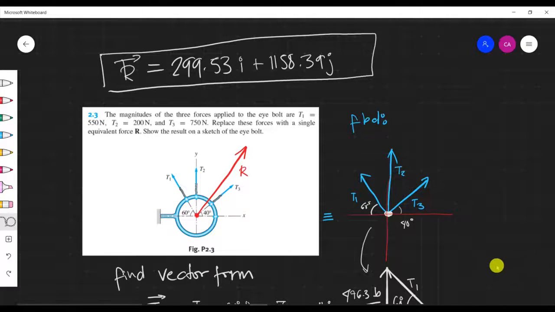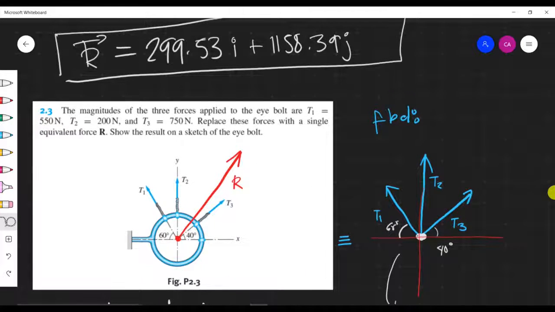So, yun yung sagot natin sa taas. Okay, 299.53.